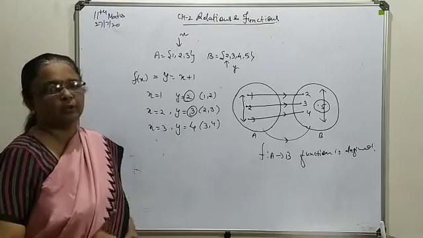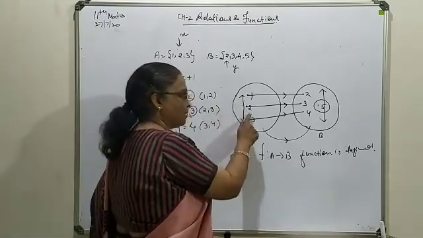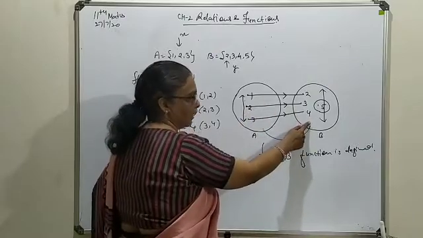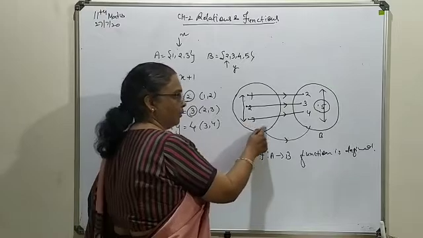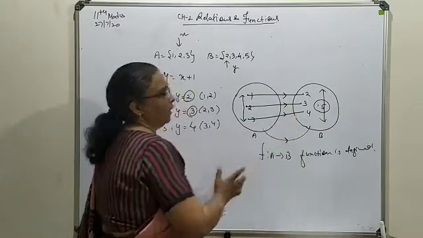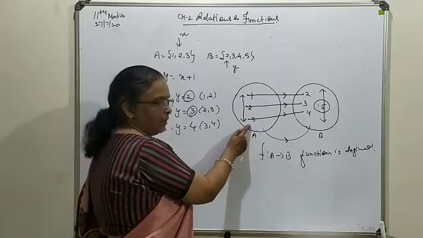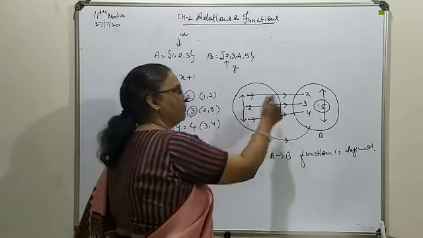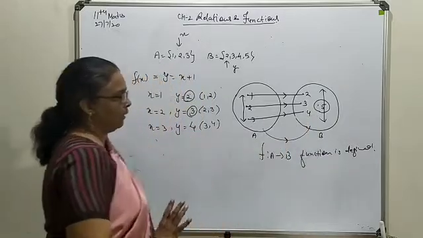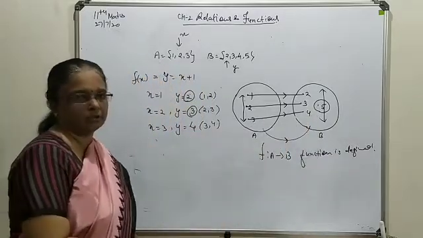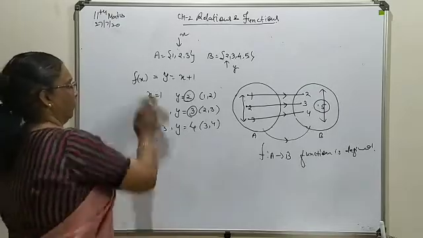Keep in mind that each element should have a single image in the second set. None of the elements should remain without forming an image, or in our language, none of the elements should be without its function value in the second set. In that case it will not be a function; it will be a relation only.